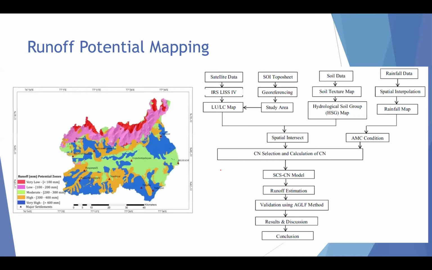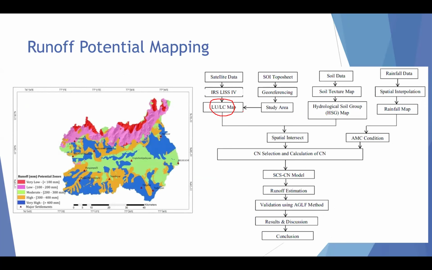Okay, so now you can see here, using that I can basically map a simple process that you can understand. As we have discussed so many things, from the satellite data, that is IRS satellite data, you can get the land use land cover map.